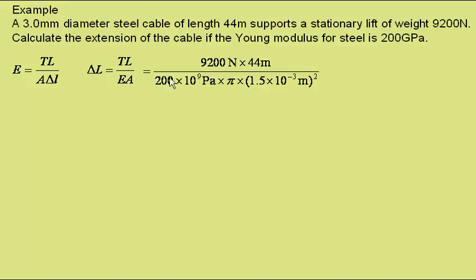Then, putting in our numbers, the tension was 9,200 newtons, the length 44 meters, the Young modulus 200 gigapascals or 10 to the 9 pascals, and the area is pi r squared, pi times the radius of the wire, 1.5 millimeters or 1.5 times 10 to the minus 3 meters, squared. This gives an extension of 0.29 meters.